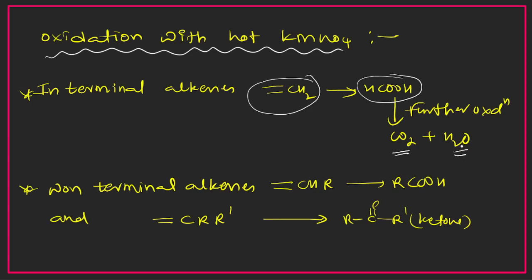Next, non-terminal alkenes: that part undergoes oxidation to give a carboxylic acid, COOH, and for the carbon with two R groups it gives ketones. Non-terminal alkenes are oxidized to give carboxylic acids and ketones.